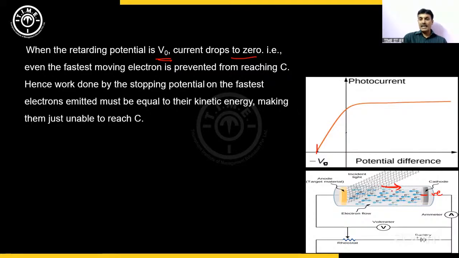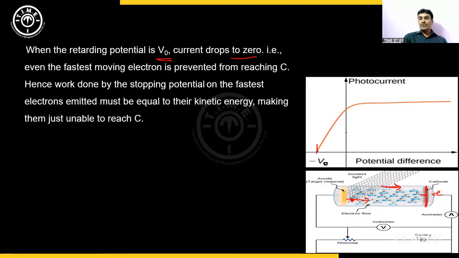So it is not accelerating potential but decelerating. There can be some electrons that are released with high kinetic energy. Even this electron moving with high kinetic energy towards the collecting anode is stopped by the negative potential applied here.